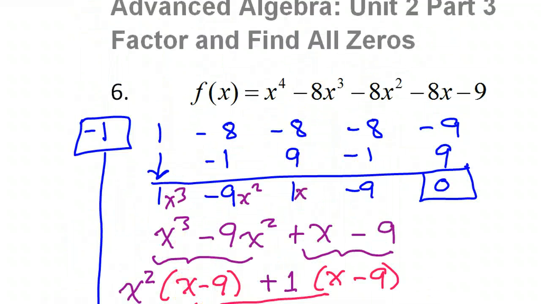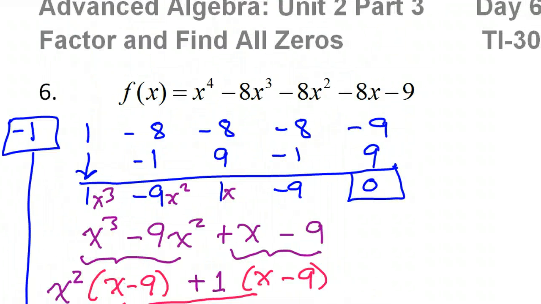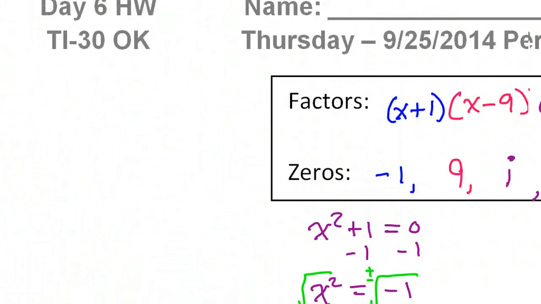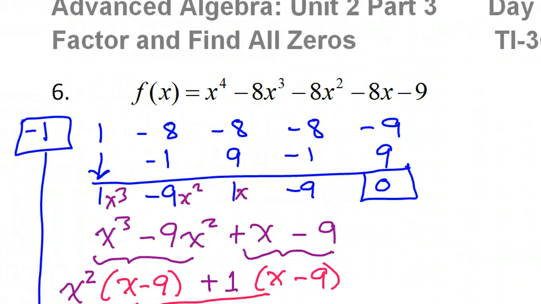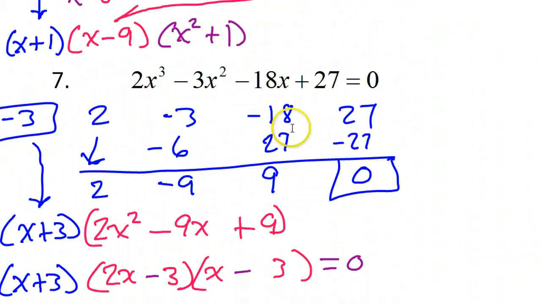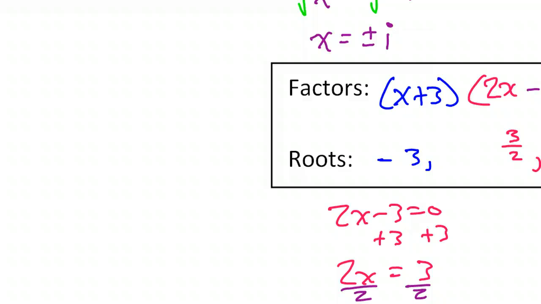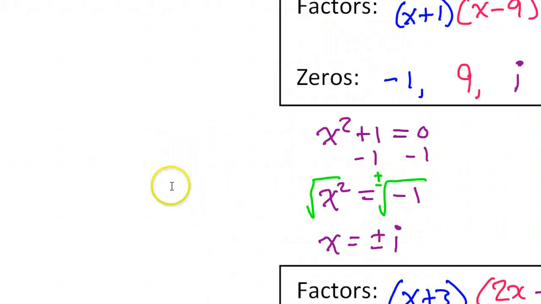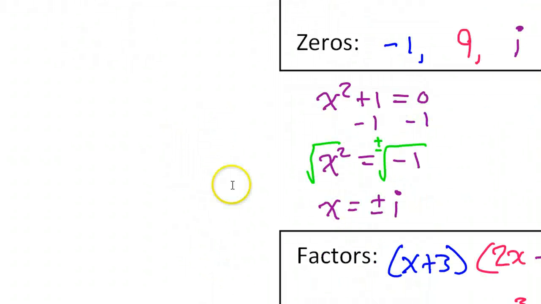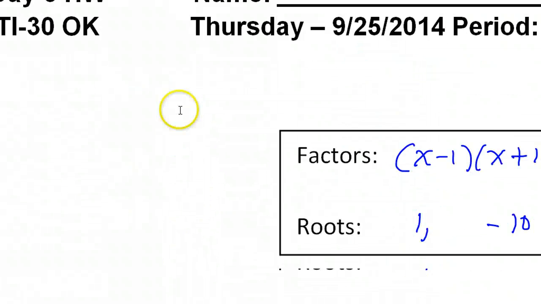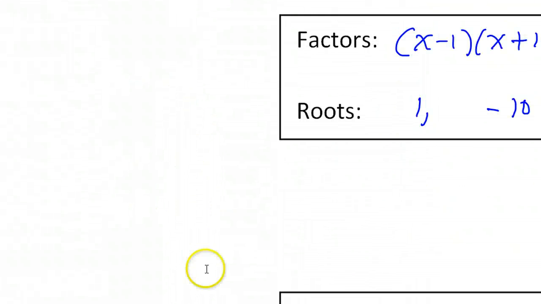So for example, number 6, if I look at the answer box, it should say zeros, because functions, f of x, functions have zeros, but equations have roots. Okay, that's why number 7 has roots, and number 6 has zeros. Okay, just educating y'all. It's kind of my job, I guess.